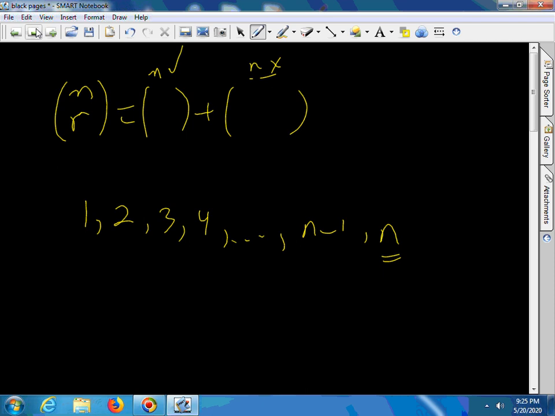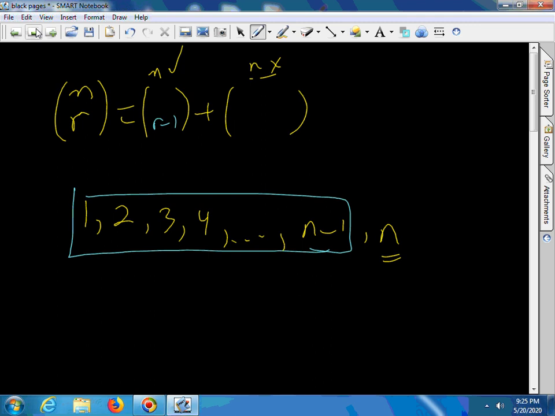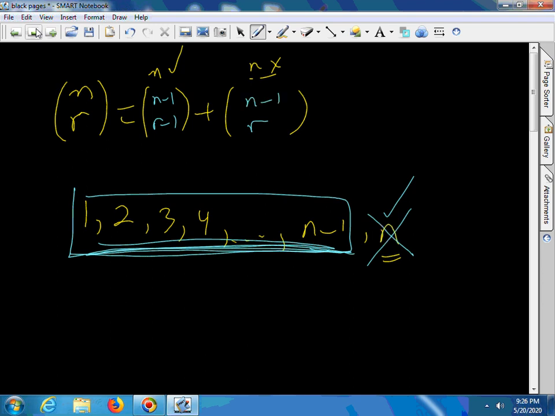If I do pick the nth one, then I only have to pick r minus 1 more, and I get to pick them from n minus 1. If I'm not going to choose the nth one, then I still have to choose my r objects, but from n minus 1.